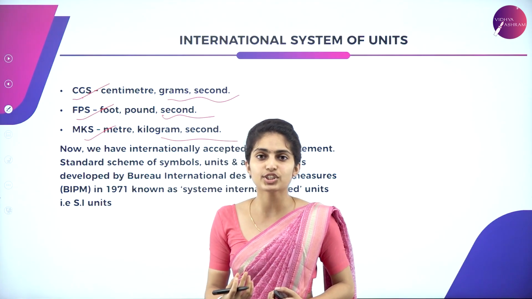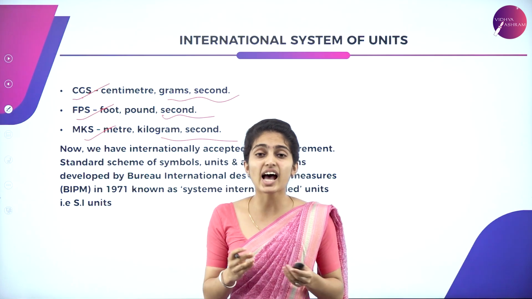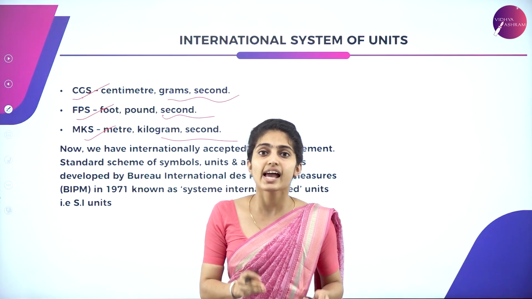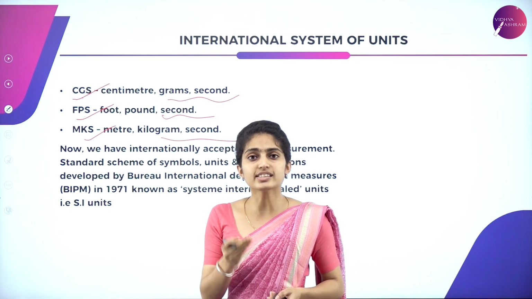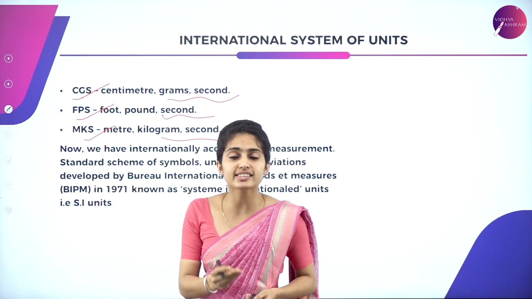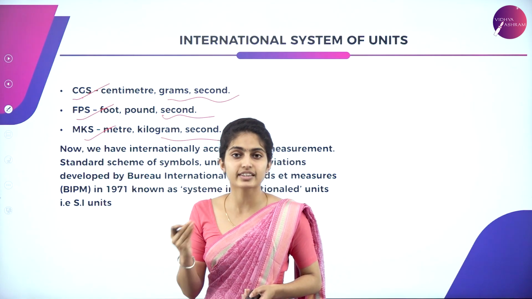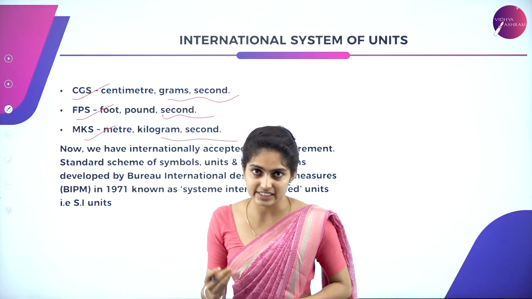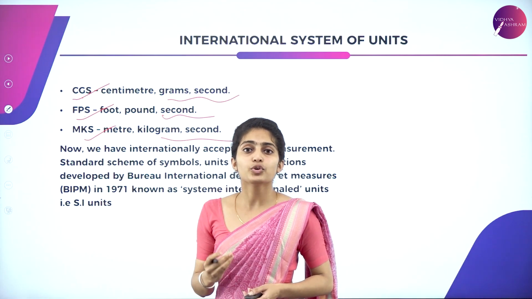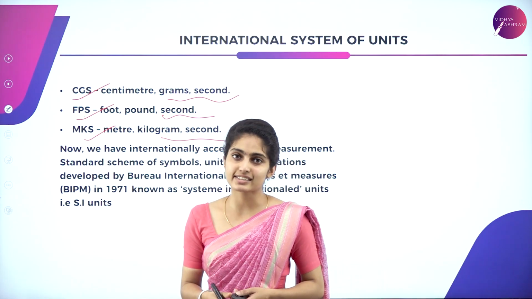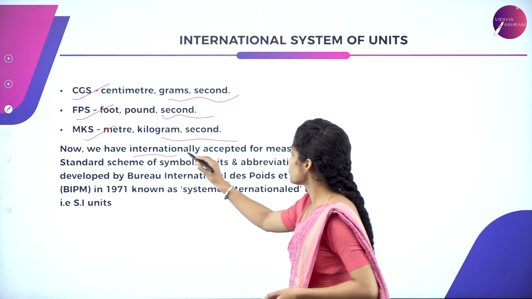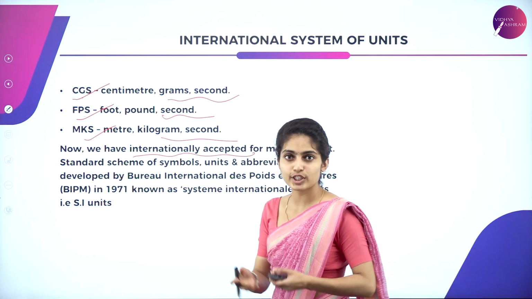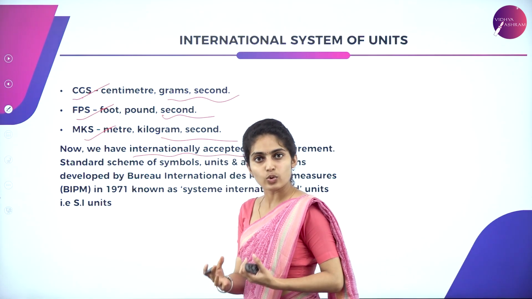What they introduced is a concept called SI unit. This System International Unit was given in 1971 by the Bureau of International System of Measurement. It was internationally accepted for measuring certain quantities.